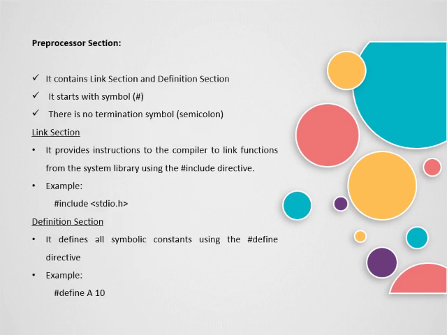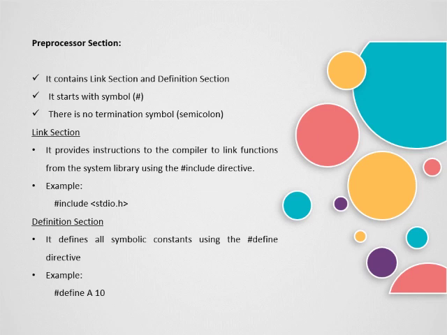Preprocessor section. It contains the link section and a definition section. We can identify a preprocessor section with the symbol hash, and it contains no termination symbol. The link section links the system library files to the C program. For example, hash include stdio.h.